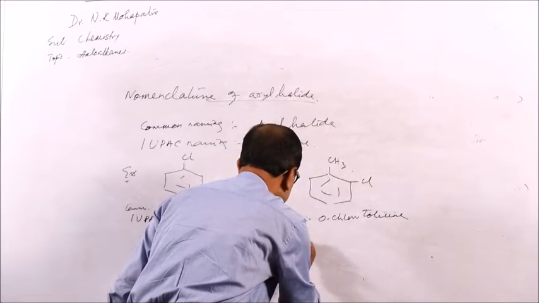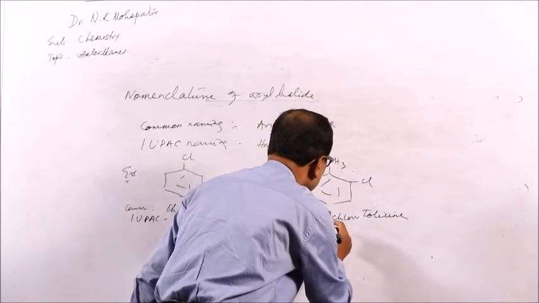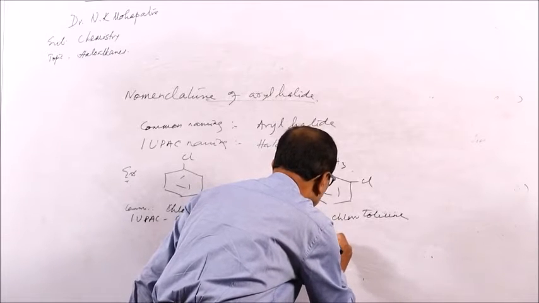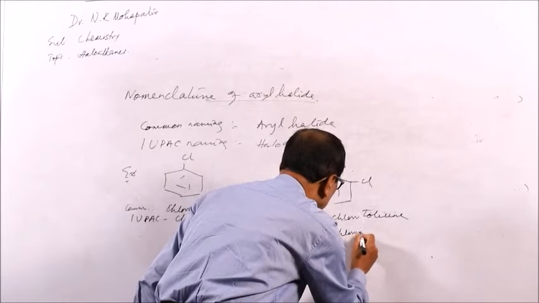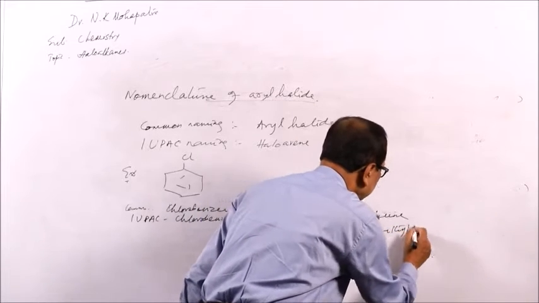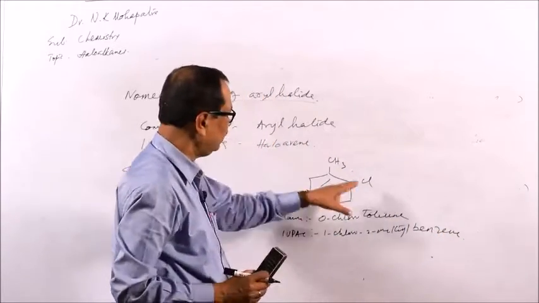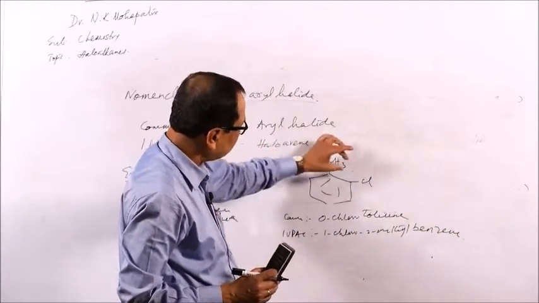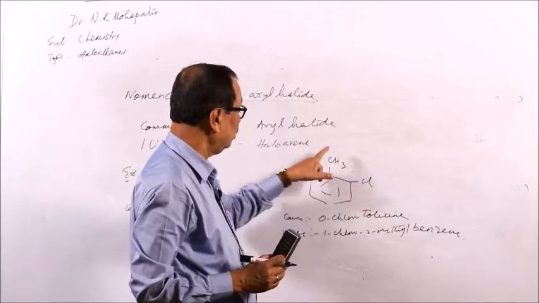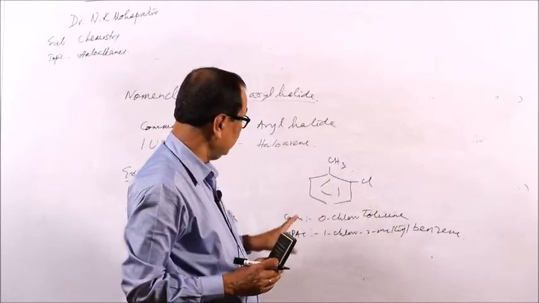But the IUPAC name is 1-chloro-2-methylbenzene. The methyl group and halogen atom are substituents, so the names of the substituents come in alphabetical order. This is 1-chloro-2-methylbenzene, while the common name is orthochlorotoluene.